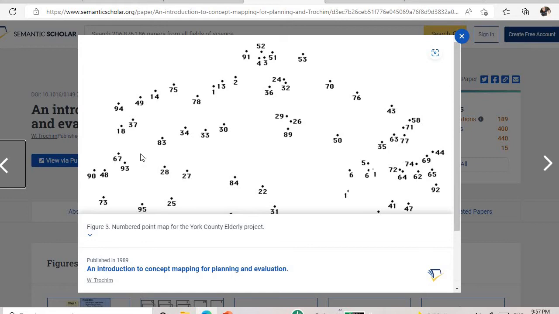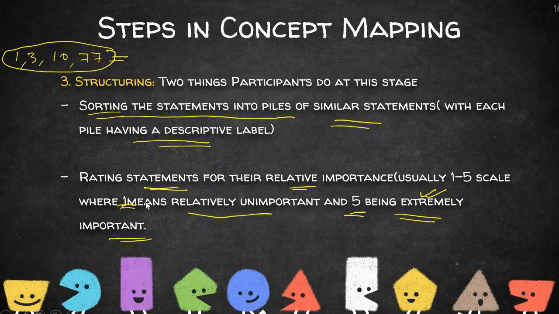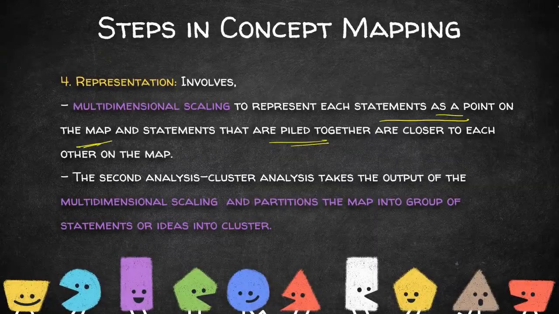So these are basically the points which are closer to each other, because we have done rating also. 1 means unimportant, 5 being extremely important, and we have similar statements belonging to a pile. So that is why we have to do it like that.